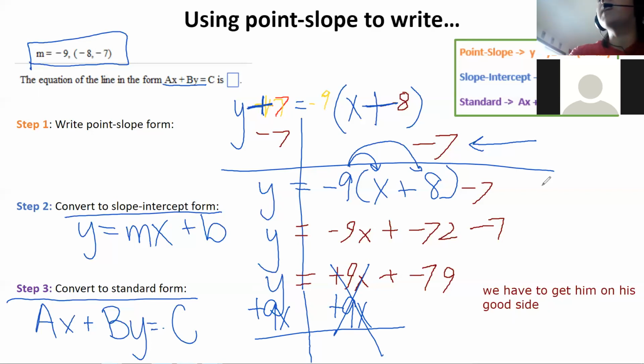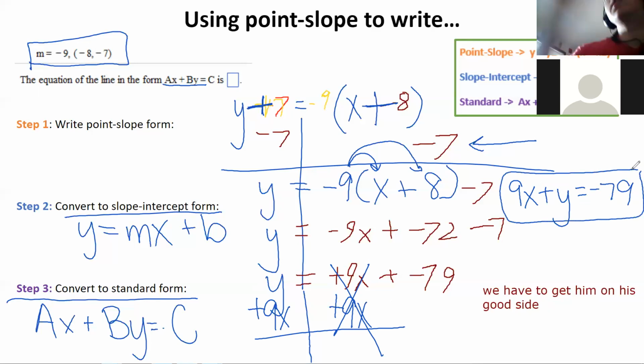And on the left side, I'll have 9x plus y. I'm going to rewrite that because I wrote it really weird. So we have 9x plus y equals negative 79. And that is in standard form because x and y are on the same side. They're on the same side, guys. They're friends.